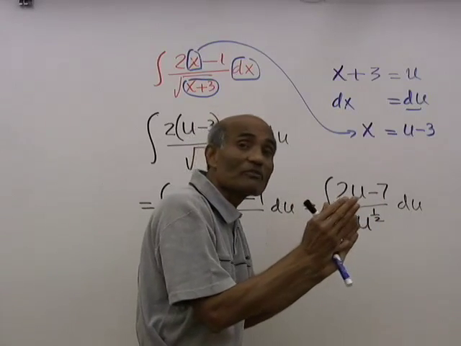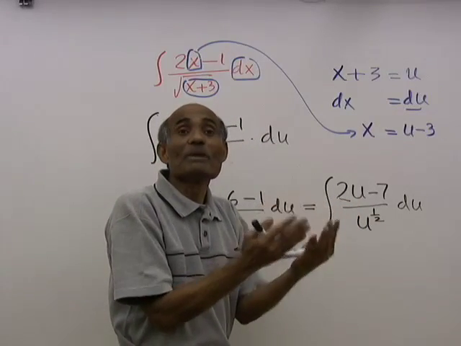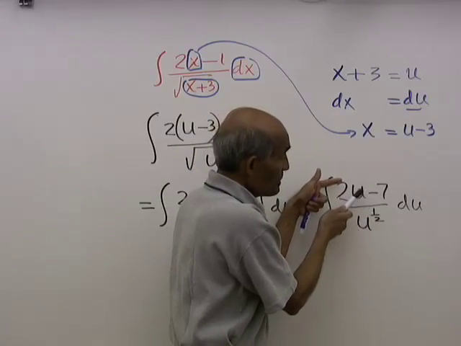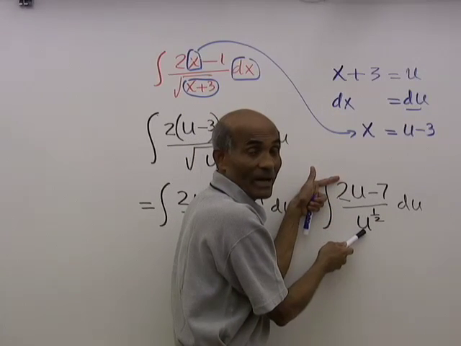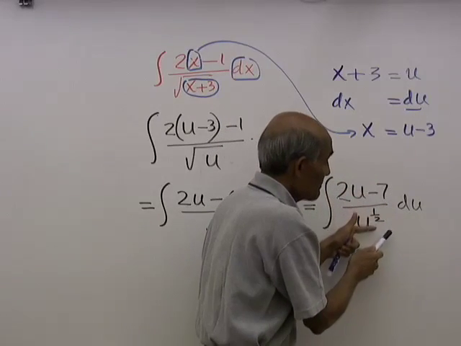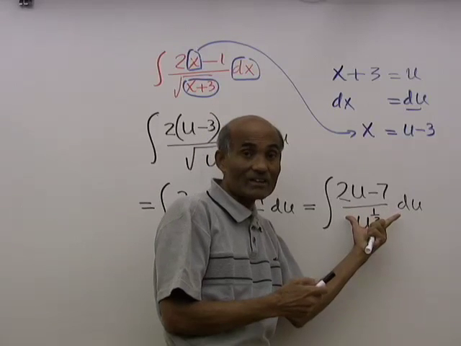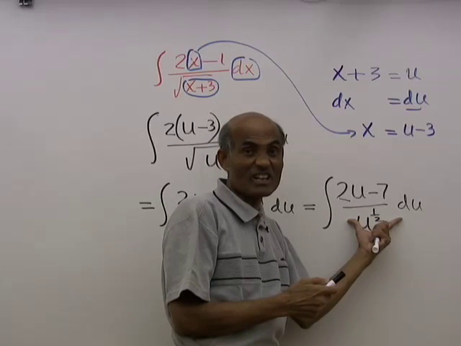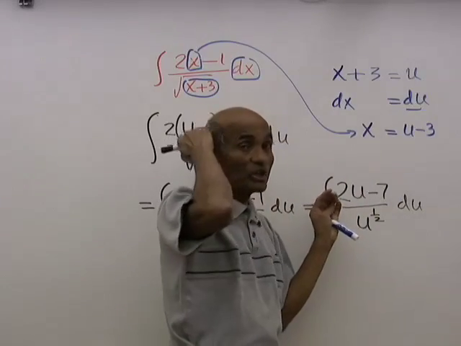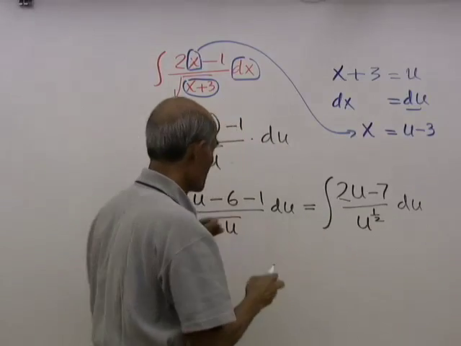We need to split this into 2 terms so that each term will be a power. We can use the power rule. So it'll be 2u divided by u to the power of 1/2 minus 7 divided by u to the power of 1/2. That's the method in here. Very often I know students get stuck in here. Because the numerator contains 2 terms, we can split that into 2 terms.